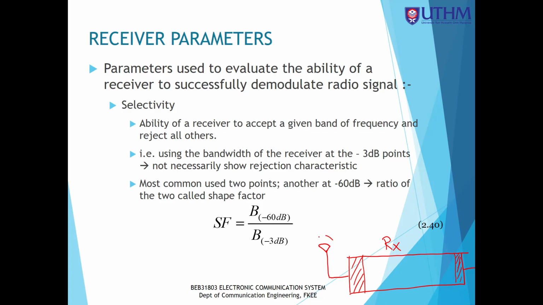Because the antenna receives many signals, we need to filter. We need to do the filtering process to remove the unwanted signals. This is what we call the filtering process, which contains the tune circuit.